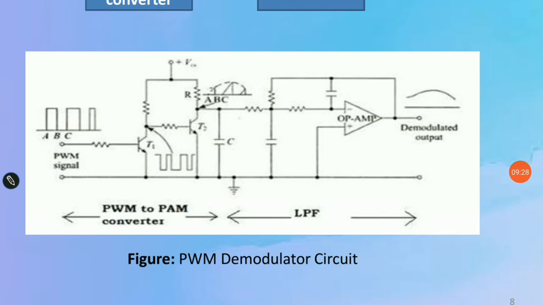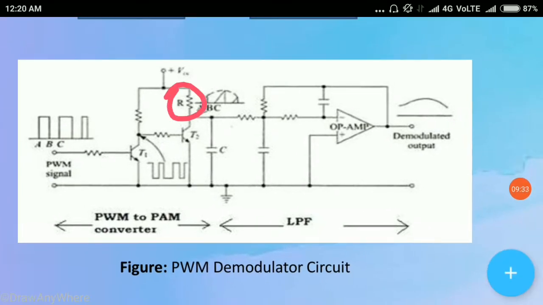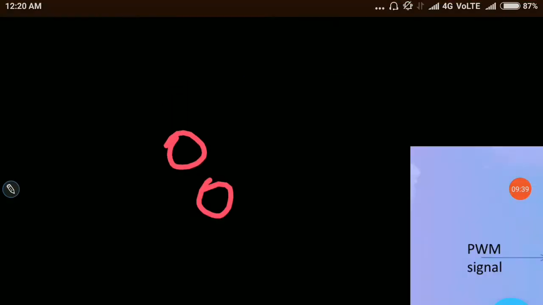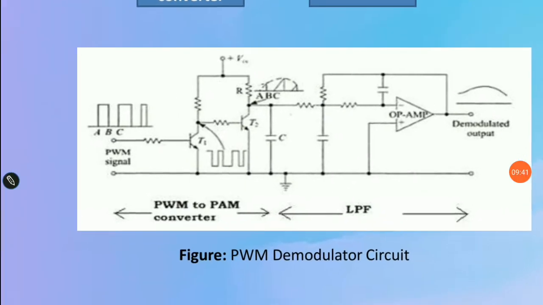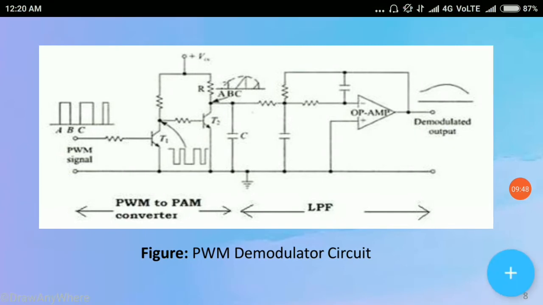So here you see an R and C. It is a combination of an RC network circuit. During the time interval BC, that is the next position, when the PWM signal is low, the input to the transistor T2 is now high and it gets saturated.